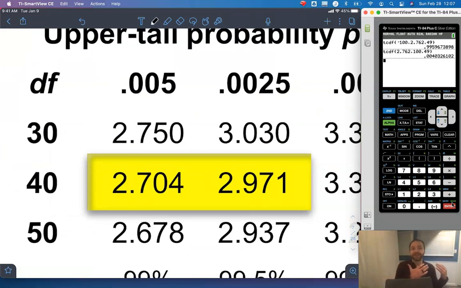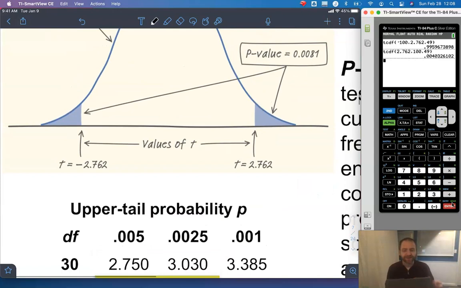So this one's going to give me, if I use the calculator, the exact area. But hold on a second. That's the area on one tail. This is two-tailed. So this I have is 0.0040, and this is between 0.0040. That's right, we have to double it.